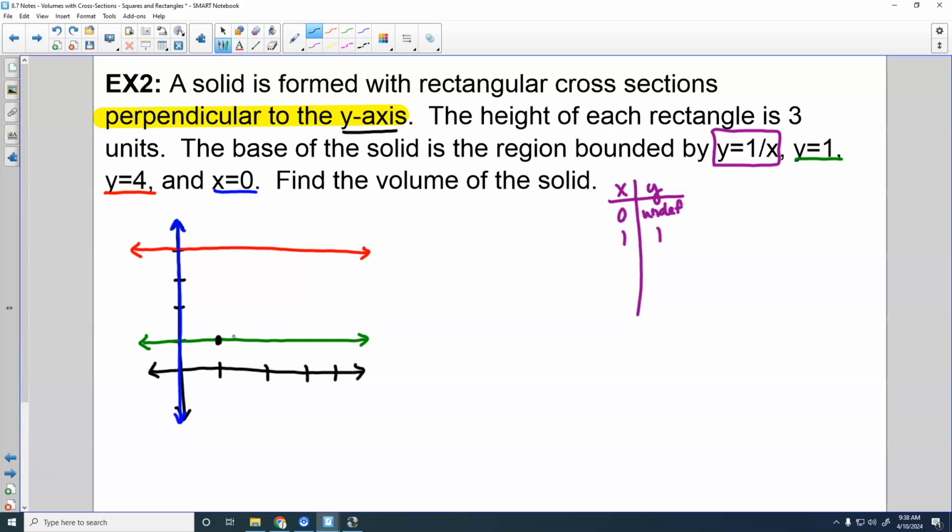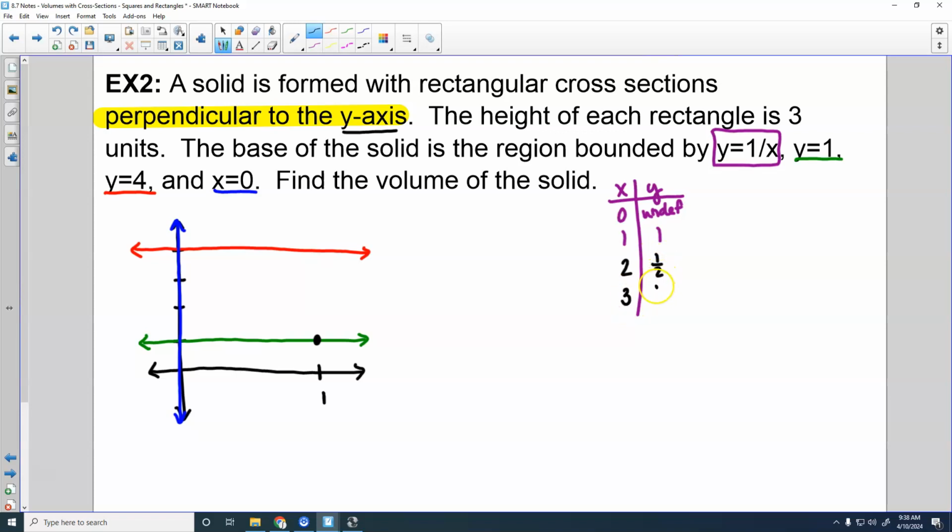Actually, to be able to draw on this a little better, I'm going to put 1 way over here, because I'm getting the point 1, 1, which is going to be right here. And if you think about what this graph should look like, if I start plugging in other numbers, if I do 2, I get 1/2.